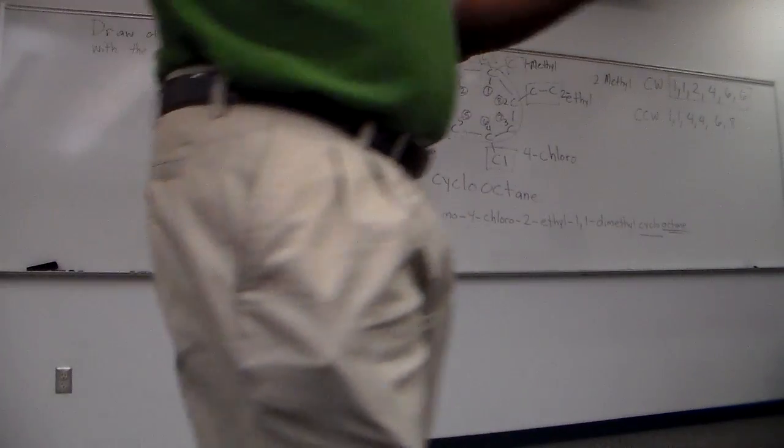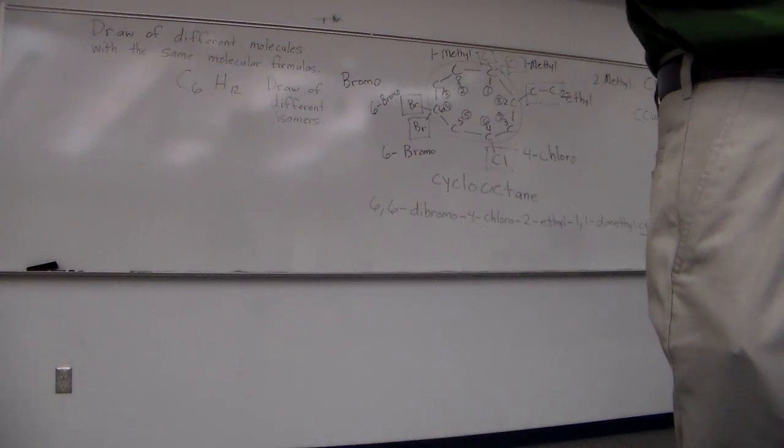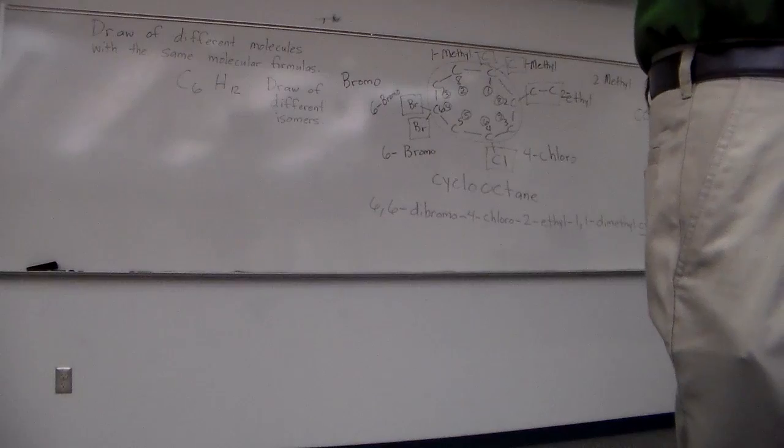But we're not going to randomly jump around like a chicken with its head cut off. We have a pattern for how to do this. The first thing we do is draw 6 carbon atoms in a straight line.